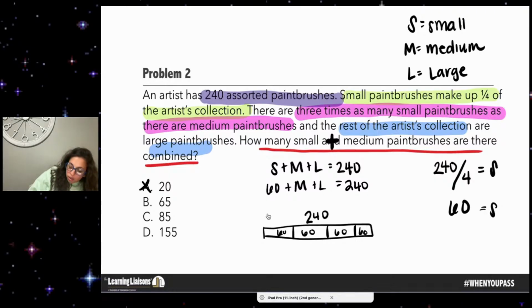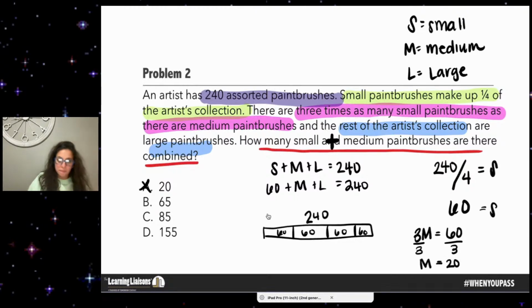So 3 times medium is going to equal small, right? Divide both sides by 3. Medium equals 20.